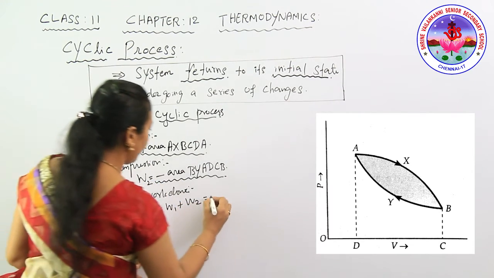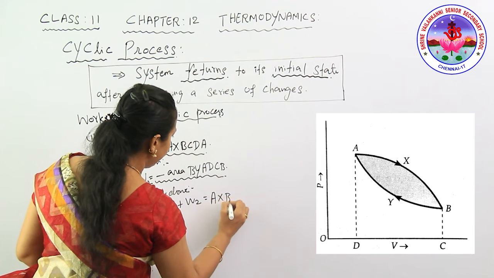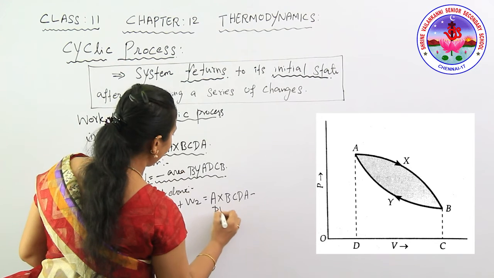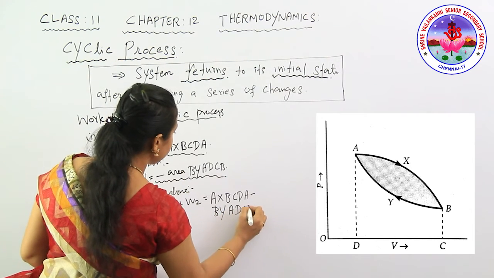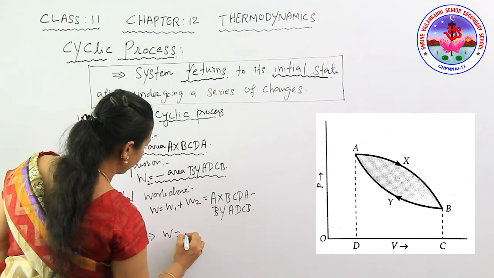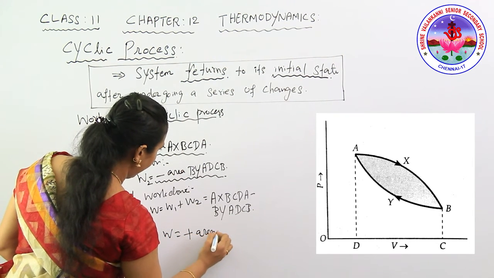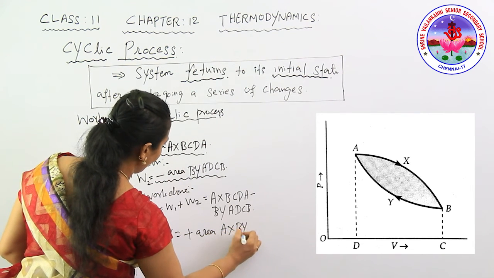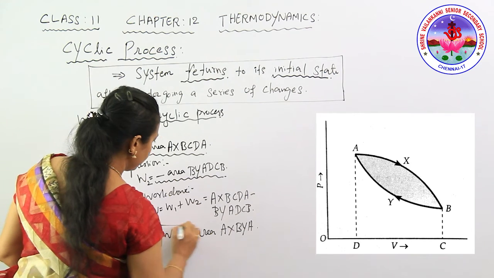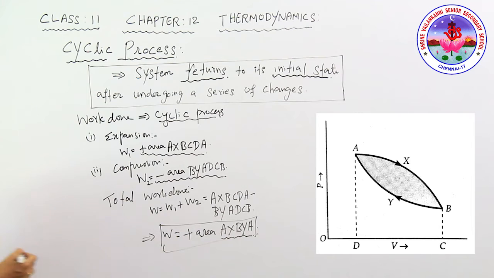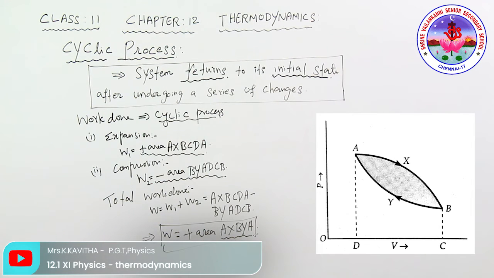So that is equal to area AXBCDA minus area BYADCB. Then the W value is equal to plus area of AXBYA. See, this is the total work done value, that is AXBYA.